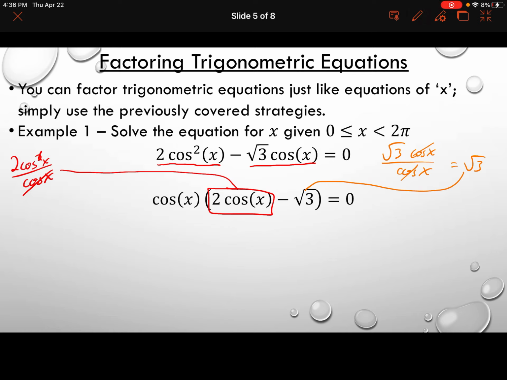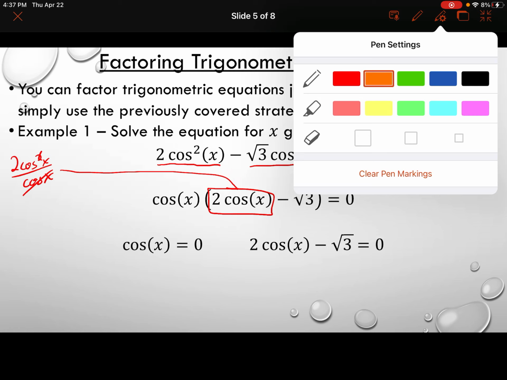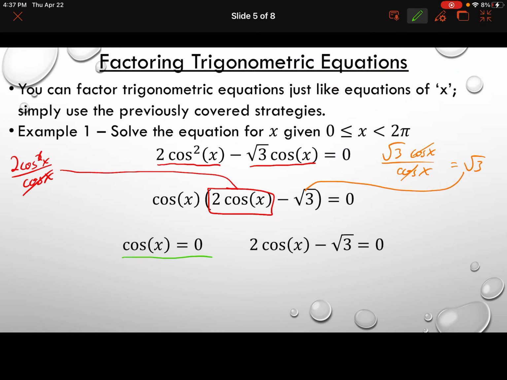Okay? So once again, you're taking out a common factor, something that they both have in common. At this point, just like the previous problem, you separate them. So cosine of x is equal to 0, and 2 cosine of x minus square root of 3 is equal to 0, and you solve. For the first one, cosine of x is equal to 0, so we have to look up our values on the unit circle.